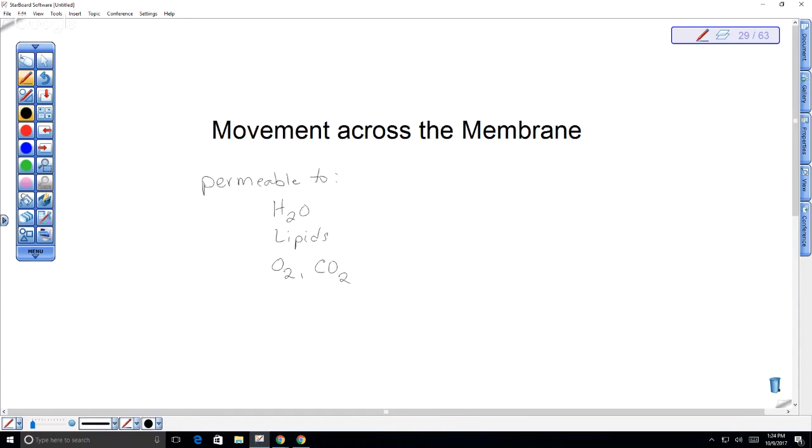Okay. It is impermeable, which means not permeable, to large organic molecules. So, for example, proteins. Proteins generally get stuck inside unless they're somehow transported to the outside, secreted.